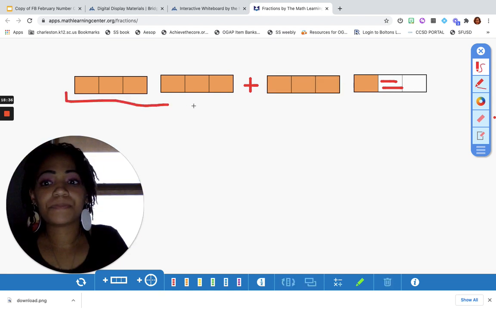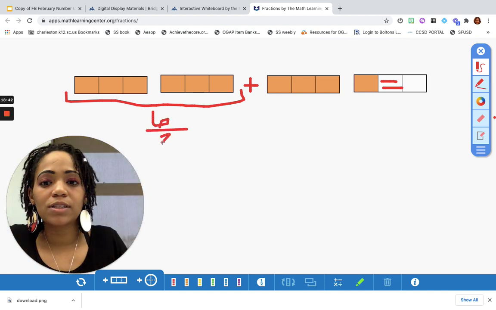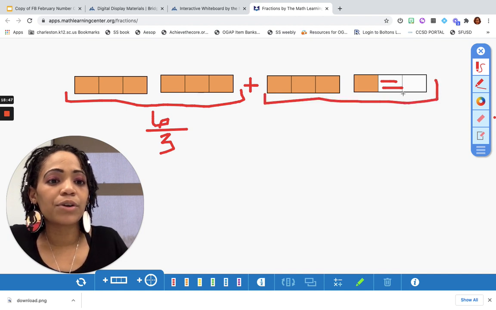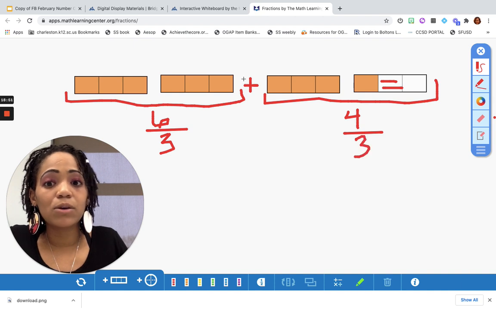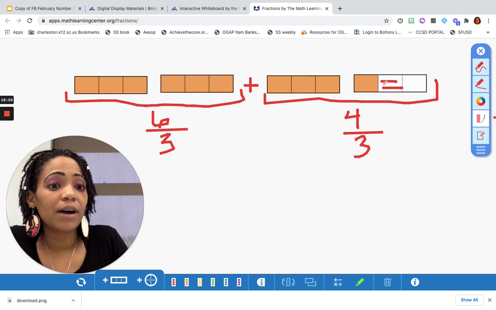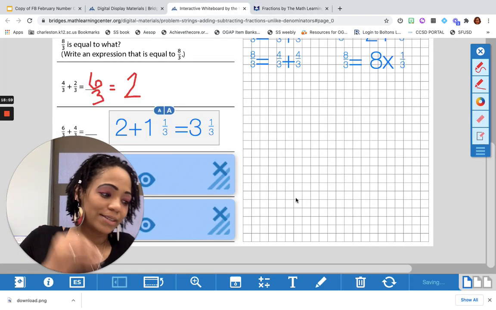Y'all see it? Whoop, my lights went off. Here's 6/3, and they're back on again. And then here's my 4/3. So how many wholes do we have? We have 3 wholes, plus we have our 1/3 left, which is what we just got.